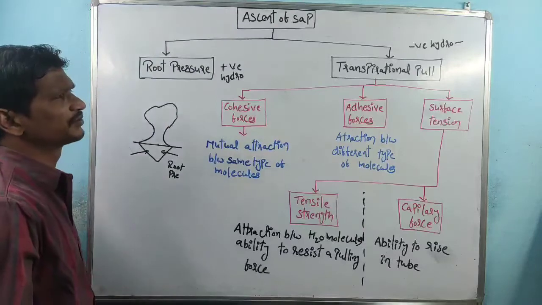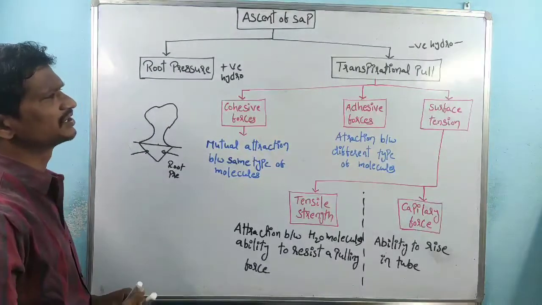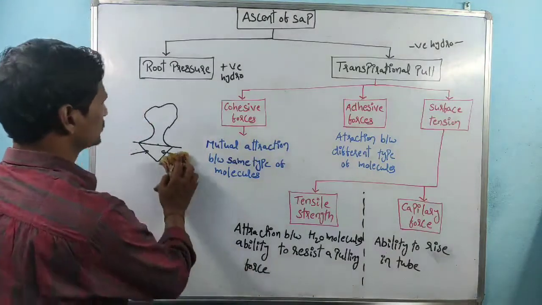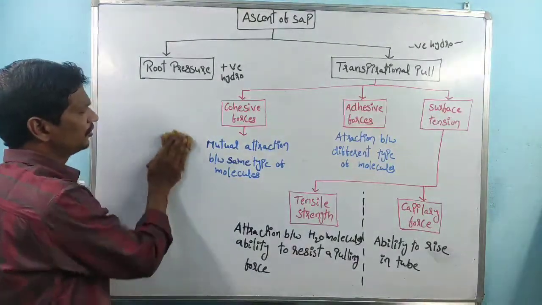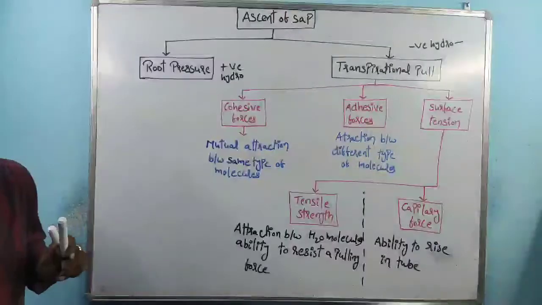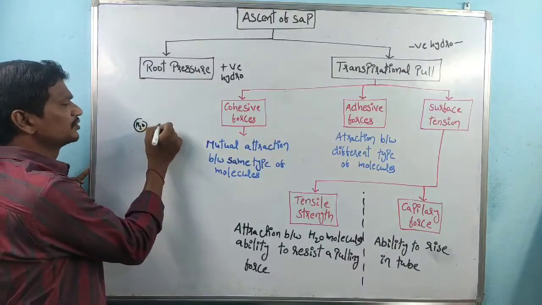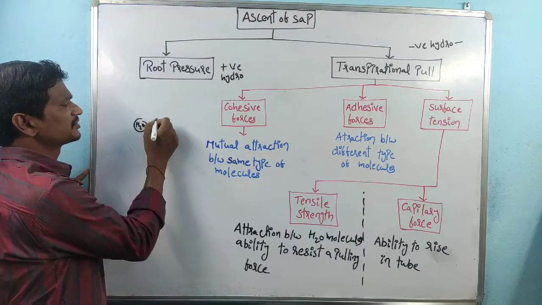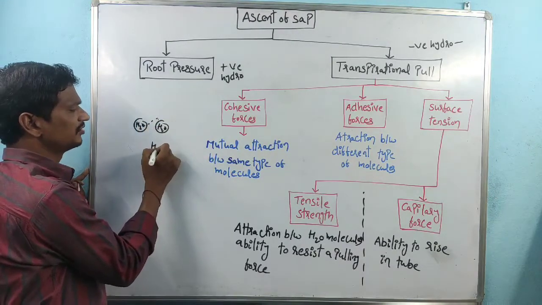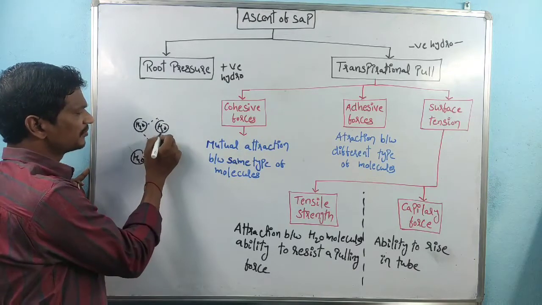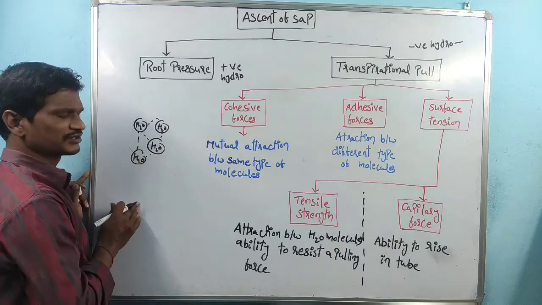Within the transpiration pull mechanism, there are three major forces. One is called the cohesive force. Cohesive force means that between water molecules, attraction is always present. Between the same type of molecules, attraction is present.